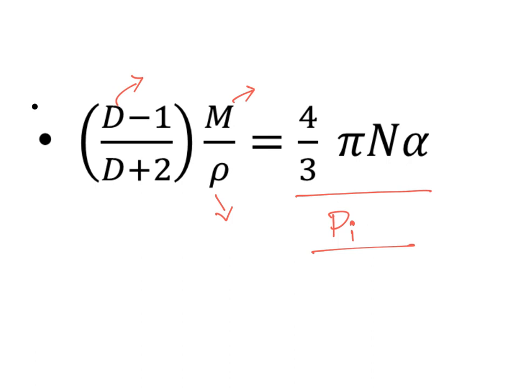That must be equal to 4 by 3 pi n alpha, where alpha is the polarizability of the molecule. Now in the non-polar case, the total polarization P is equal to Pi, the induced polarization. In a non-polar molecule, the polarization and induced polarization are always equal.